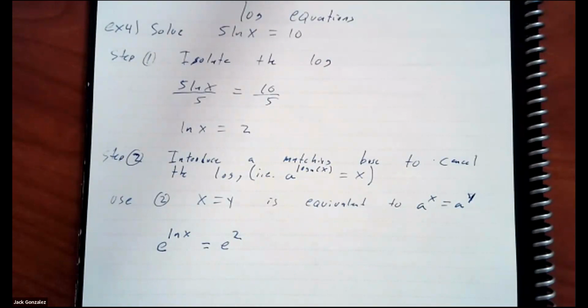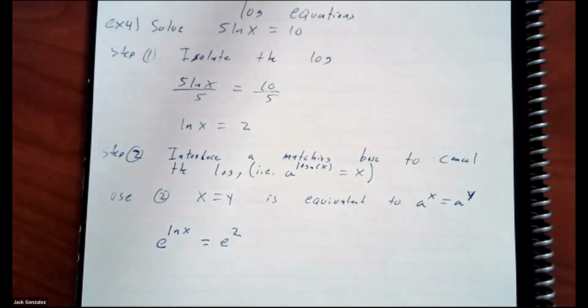If I wanted to cancel this log and get the x, I would introduce a 2 as the base on both sides. That would cancel, giving me this weird number. So I'm choosing e because that is the base for ln. But now this will cancel. So the answer is e squared.